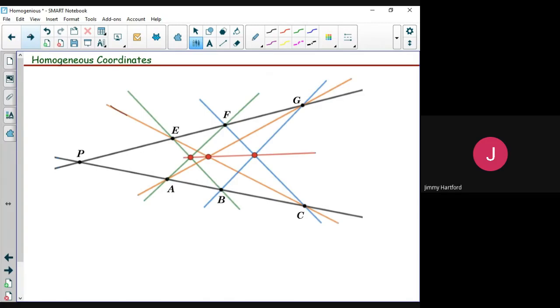So from A to F, F to C, back over to E, down to B, G, back to A.